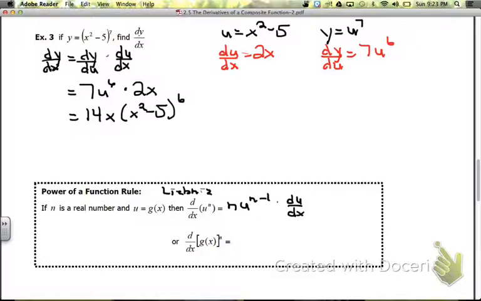Or, if we want to look at the derivative in terms of our g of x to the power of n, which is our Newton notation, we have n times our function g of x to the power of n minus 1 times g prime of x. Again, they're the exact same, just different notations.